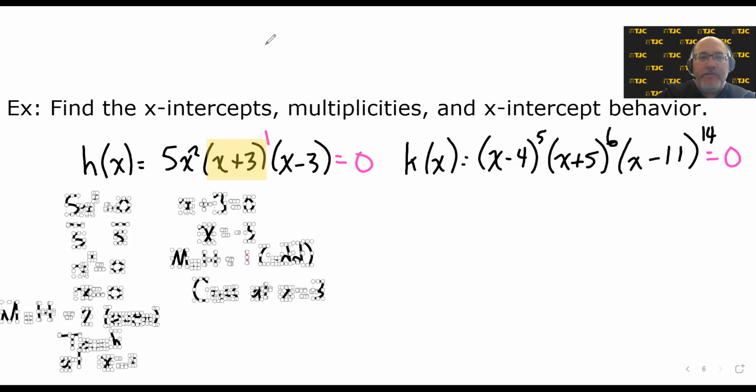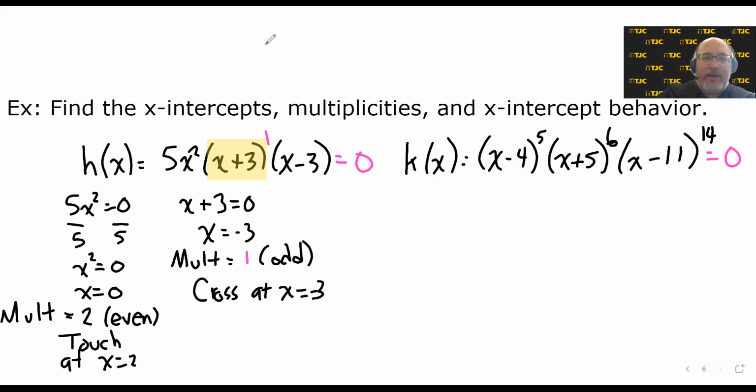Now, for the x minus 3, let's just get right to it. If we put x minus 3 equal to 0, we get x equals 3. The multiplicity is also 1 because the implied power on the parentheses is 1, and 1 is odd.